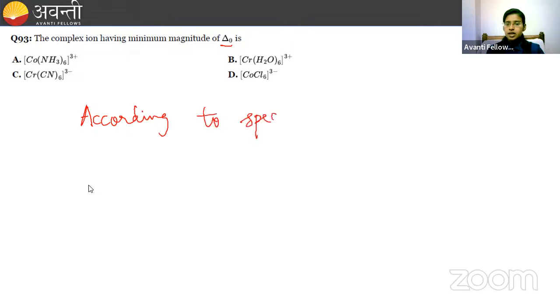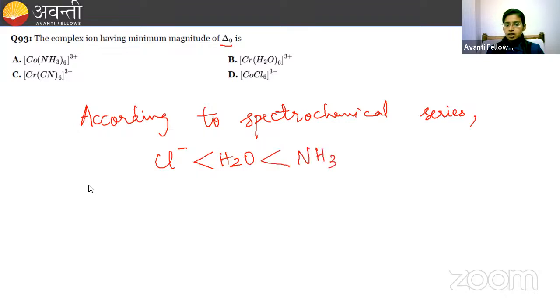The order of the ligand will be, so we have NH3, H2O, CN and Cl in the given 4 options. So Cl minus will take the weak field side, then comes H2O, then NH3 and then CN minus.